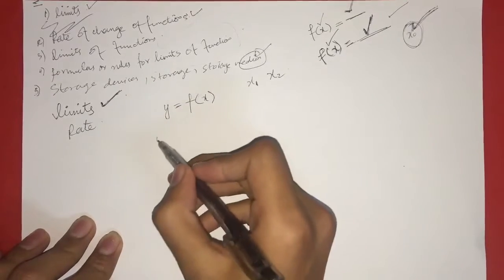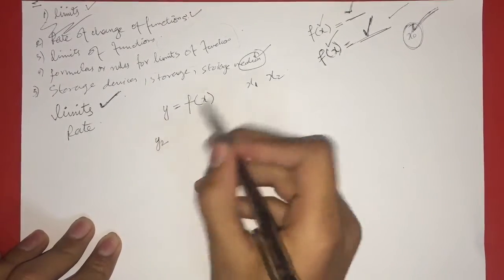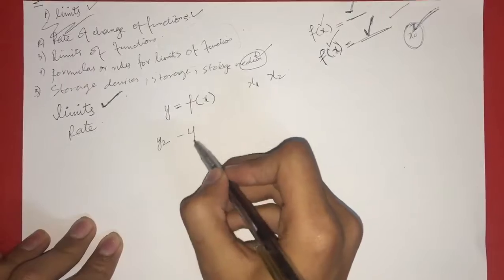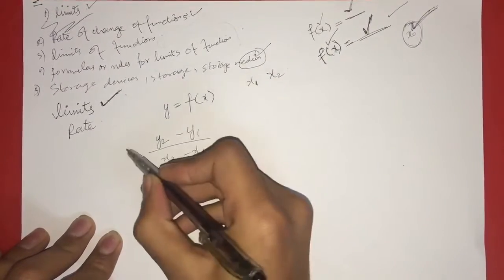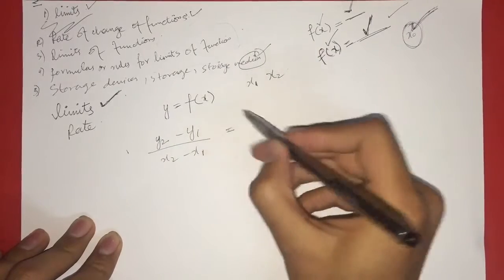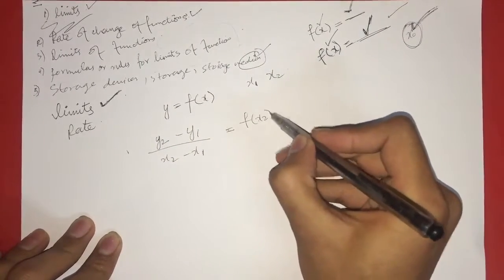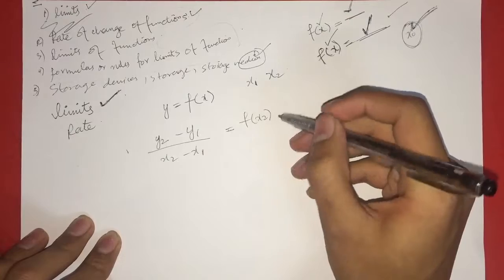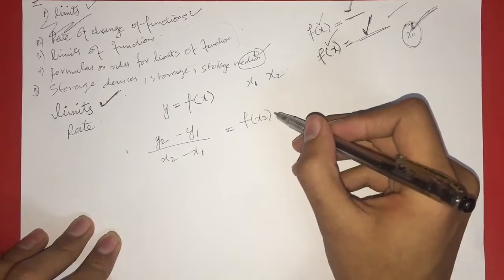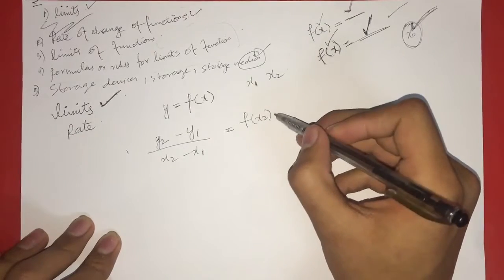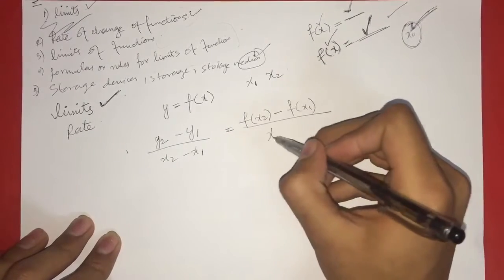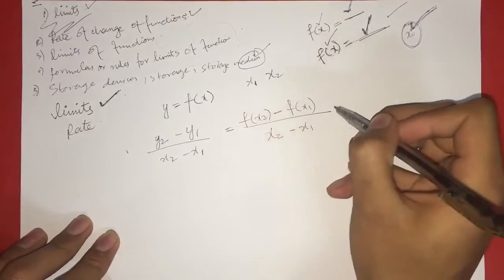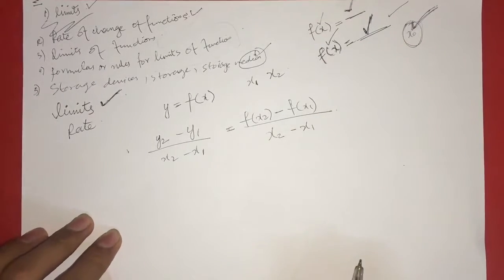You're just going to take y2 with the value of x2 minus y with the value of x1 divided by x2 minus x1, the same as when you find the slope. And this equals f of x2 when you put the value of x2, minus f of x1 when you put the value of x1, divided by x2 minus x1.